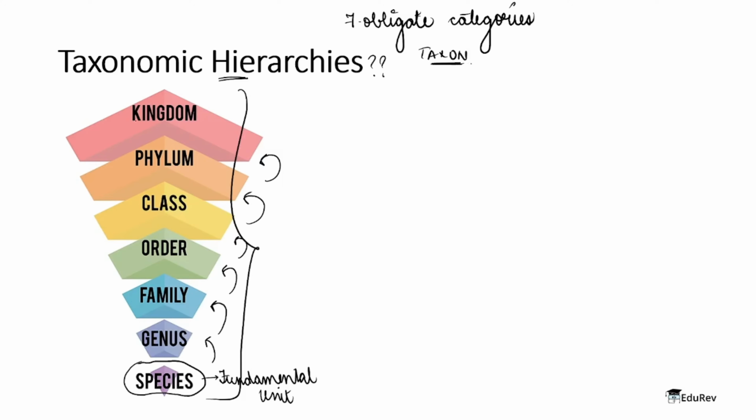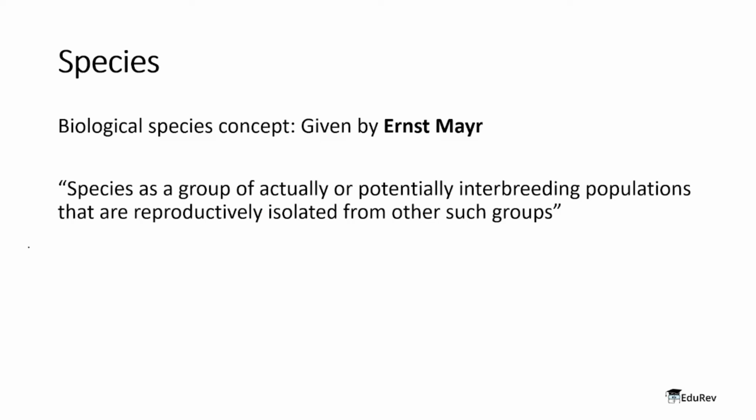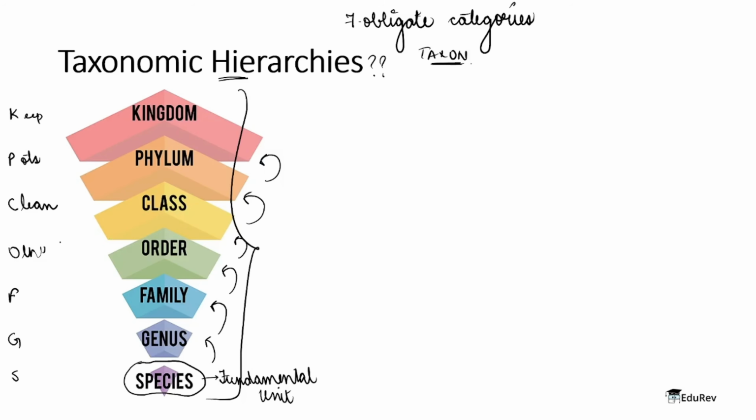Now there is a very simple mnemonic to learn these categories in this particular order, and it is very important to learn these categories in this particular order. So what is the mnemonic? It goes like: keep pots clean, otherwise family gets sick.